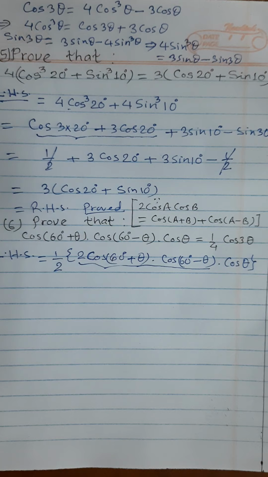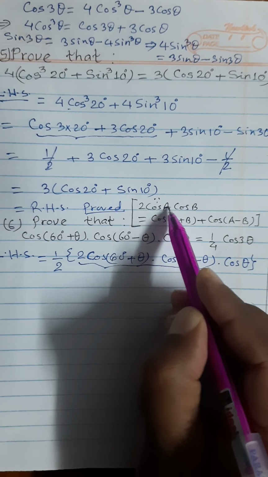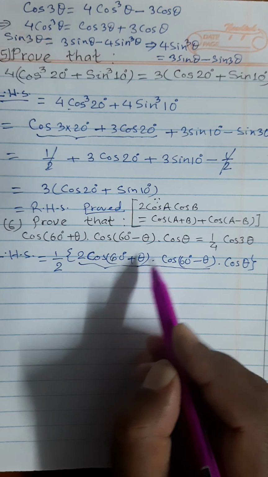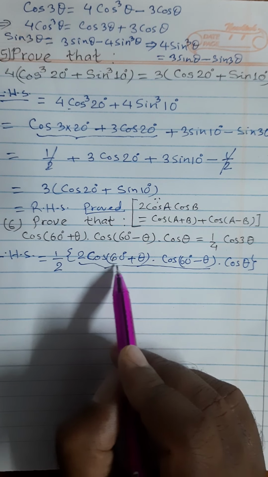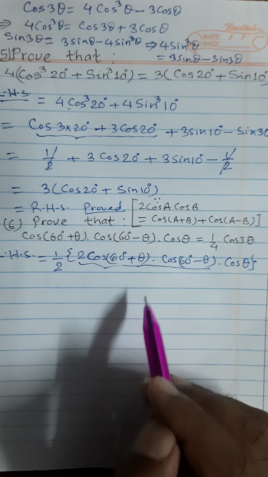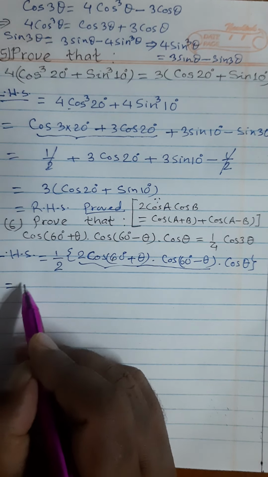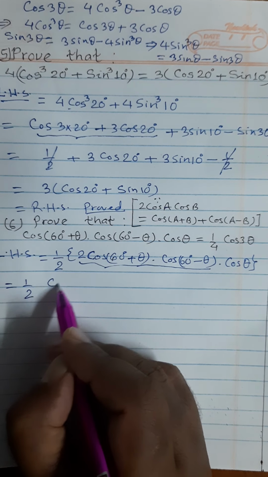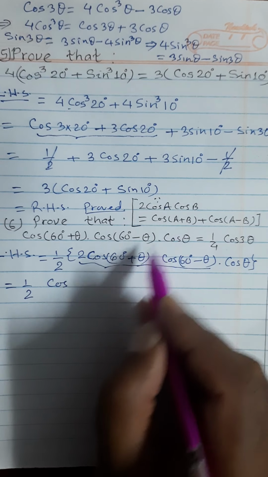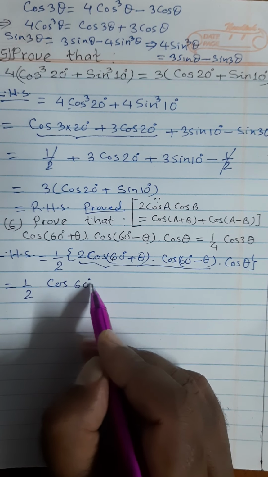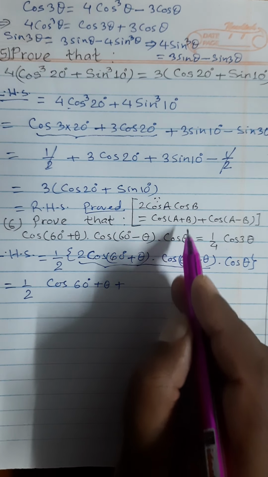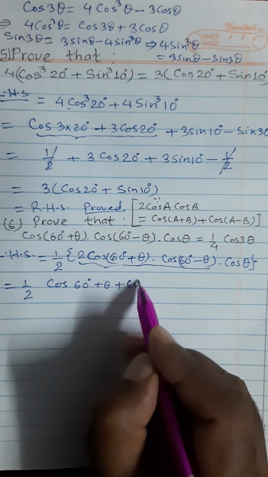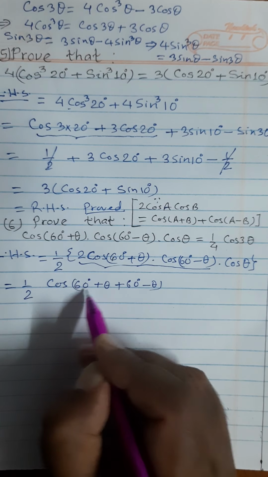So this formula can be used in this case. Here in place of angle A we have 60 plus theta. In place of angle B we have 60 minus theta. So we can use the 2 cos A cos B formula. Then if we use that formula, it becomes 1 over 2 cos A plus B. In place of A, 60 plus theta, plus from the formula, in place of B we have 60 degree minus theta.